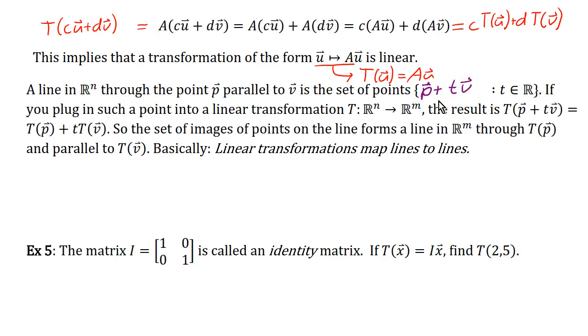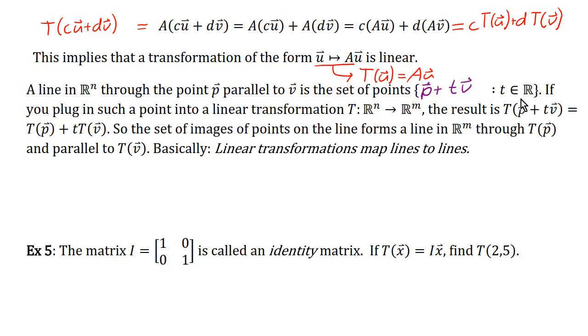So it's kind of like starting at the point P, and then you can go in the direction of V as far as you want, backwards or forward, depending on what t is. If t is positive, you go in the same direction as V from P, or if t is negative, you go backwards.